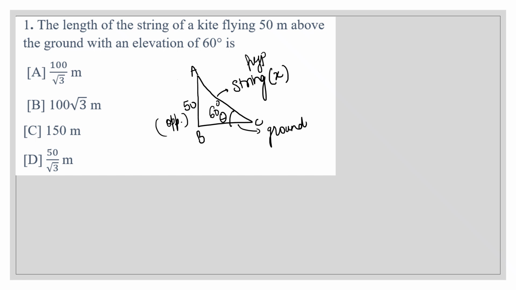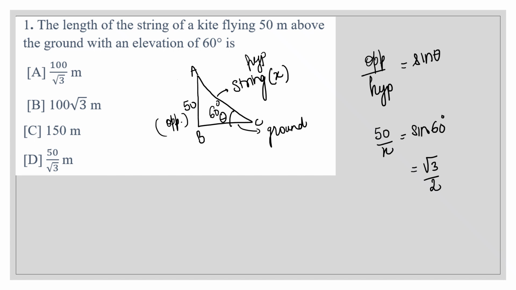So what are we using? Opposite and hypotenuse. Opposite and hypotenuse is sine theta. Replace opposite: 50 upon x is equal to sine 60 degrees. Sine 60 is root 3 by 2. So 50 upon x, cross multiply.